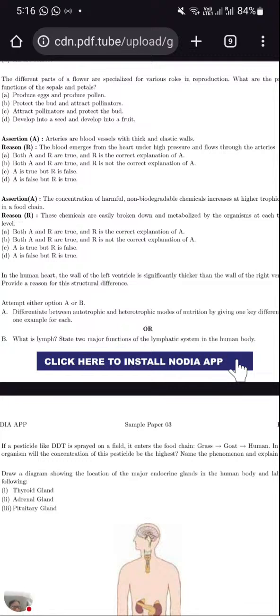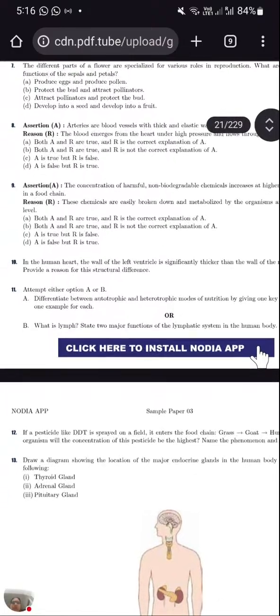So what will be the answer now? Say the answer fast. Can you read it now? 9th one, C. A is true but R is false.